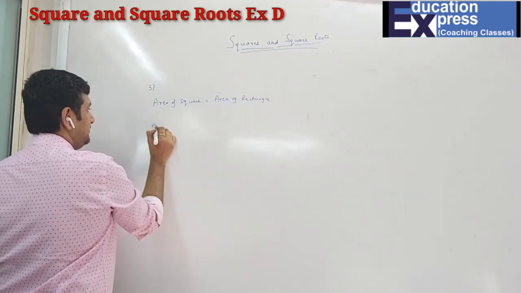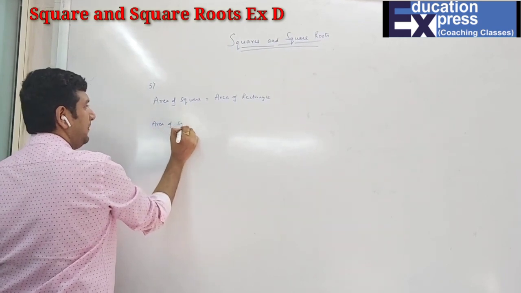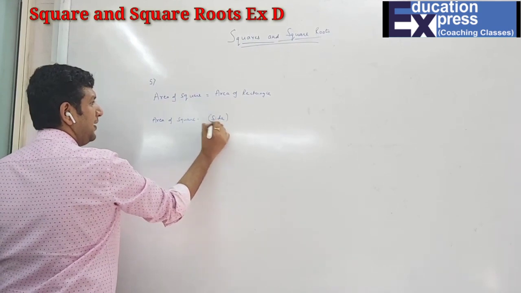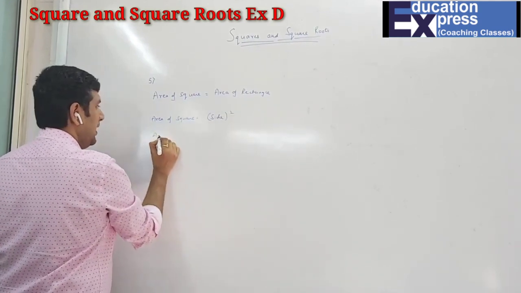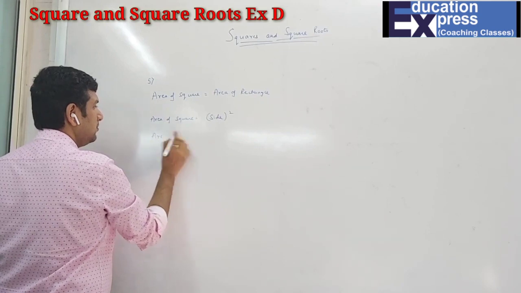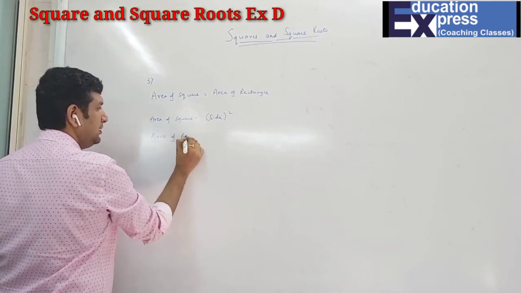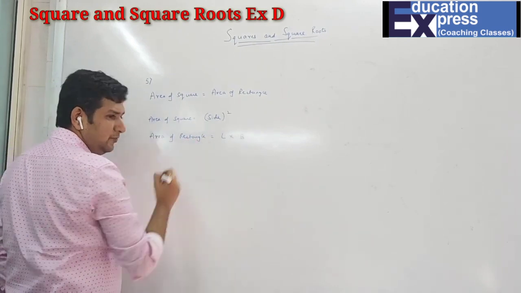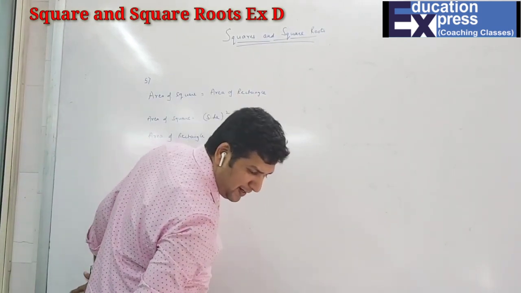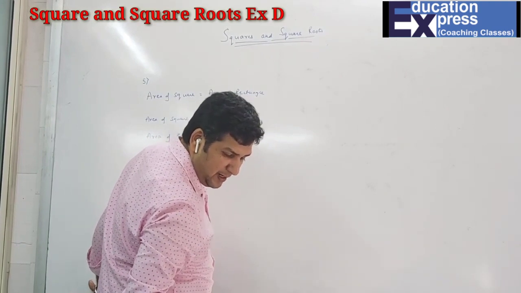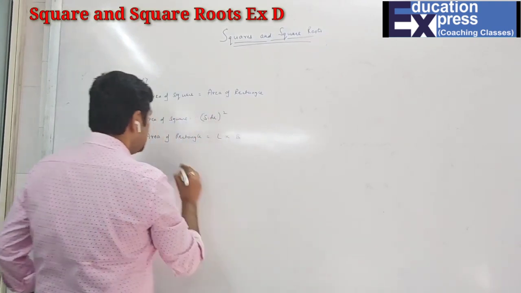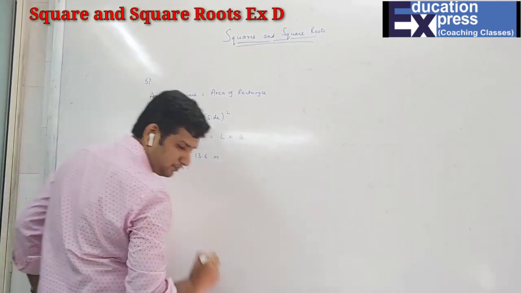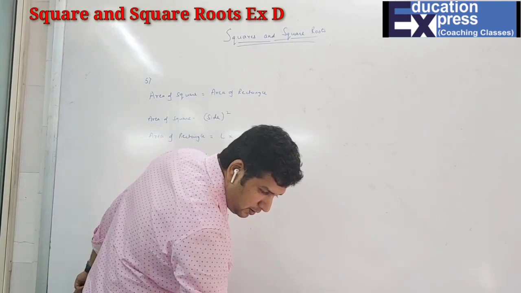As we know, the area of a square is side square, and the area of a rectangle is length into breadth. What they've asked us to find is the side of a square, and they've given us length as 13.6 meters and breadth as 3.4 meters.